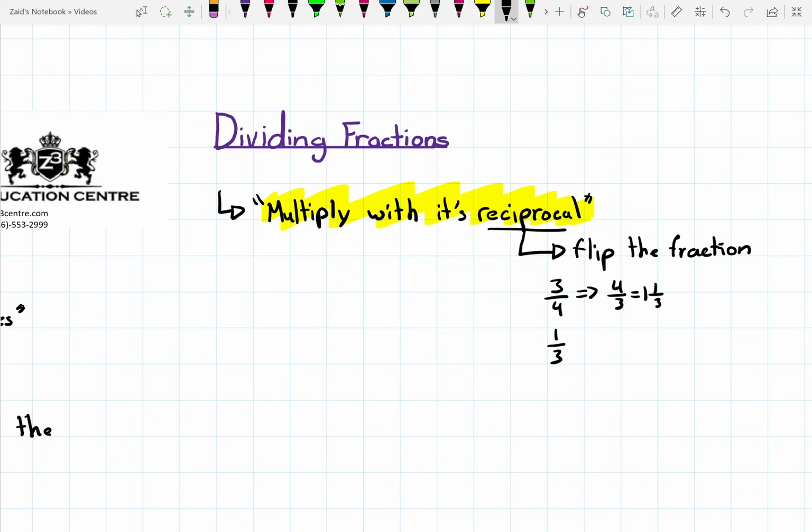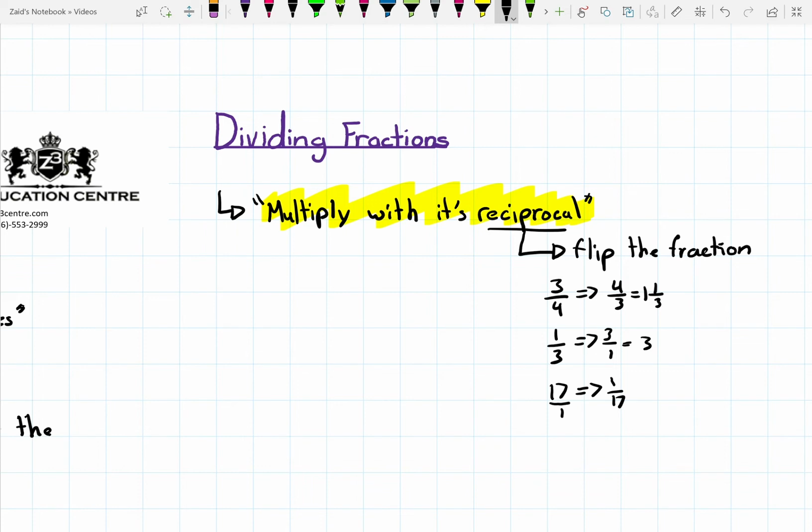The reciprocal of that is 3 over 1, or even just 3. And say we just had a whole number, so let's say 17. The reciprocal would be 1 over 17, because technically the numerator is 17 and the denominator is 1.